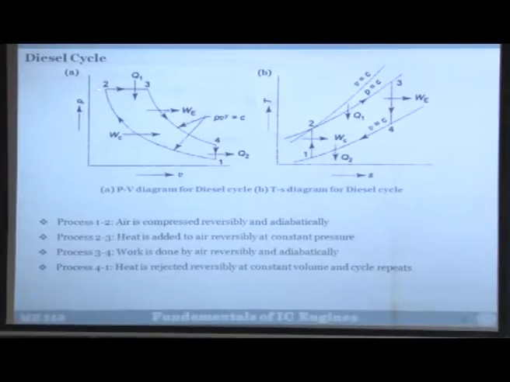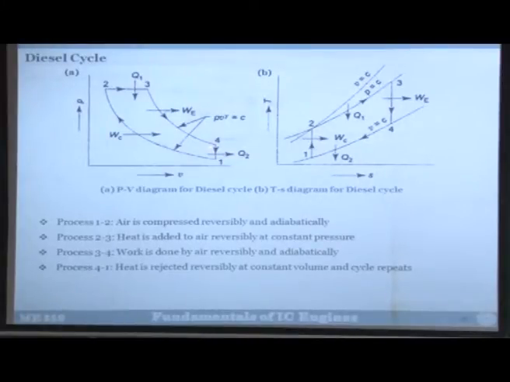So, here you see this process 2-3 is where the heat addition is taking place at constant pressure. Pressure remains constant and you reach a certain maximum temperature. So, point 3 is where the temperature and pressure are the highest in the cycle. And then process 3-4 is the expansion process, which is nothing but an isentropic expansion process.